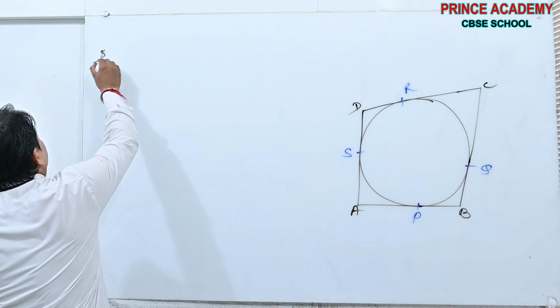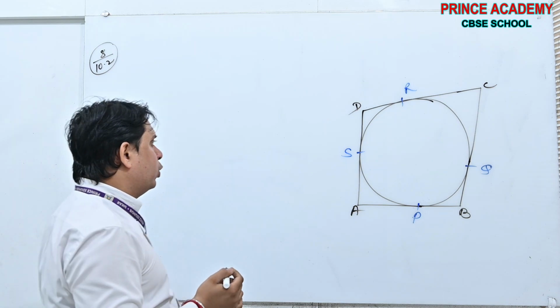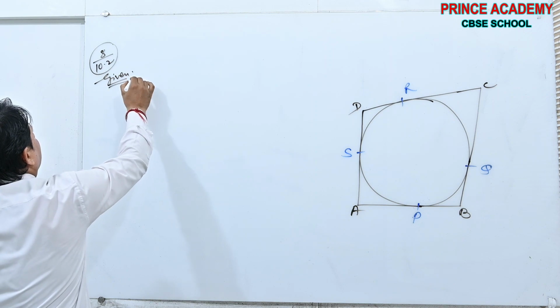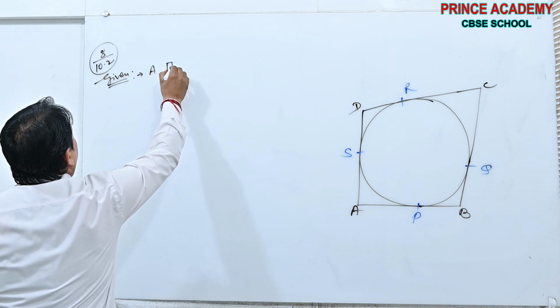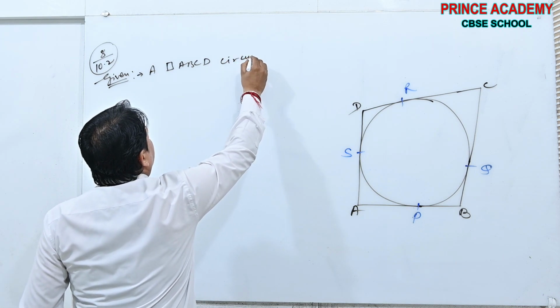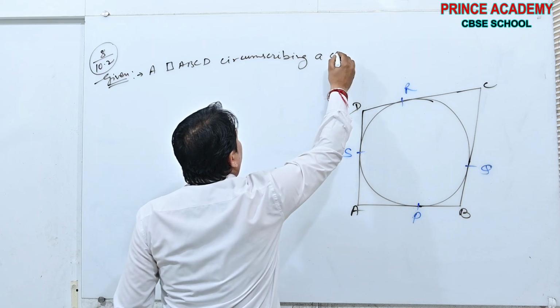This is question number 8, exercise 10.2. See what is given here. Here is a quadrilateral ABCD circumscribing a circle.